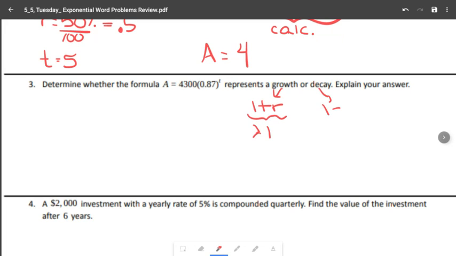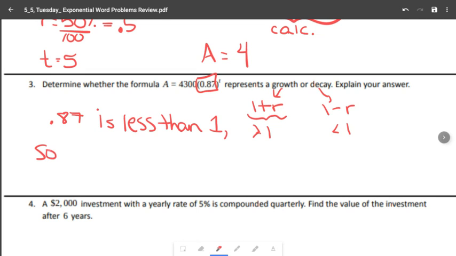Decay was 1 minus R. So if I take the number 1 and subtract something from it, it means I am going to be less than 1 now. So looking at that parenthesis, 0.87 is less than 1, so it is decay.